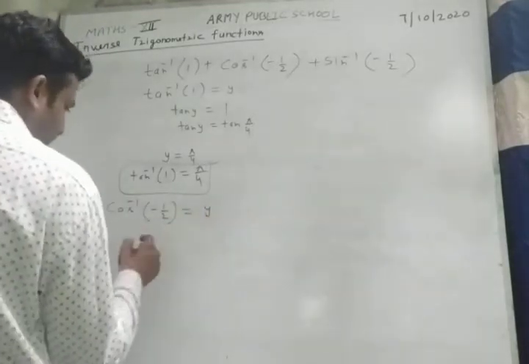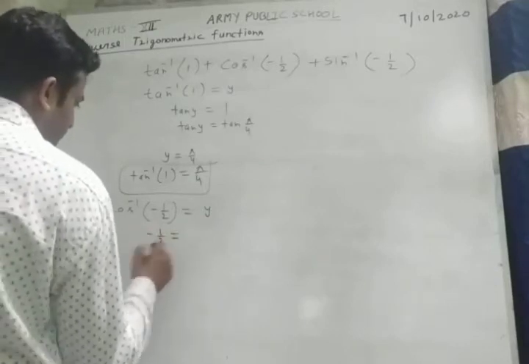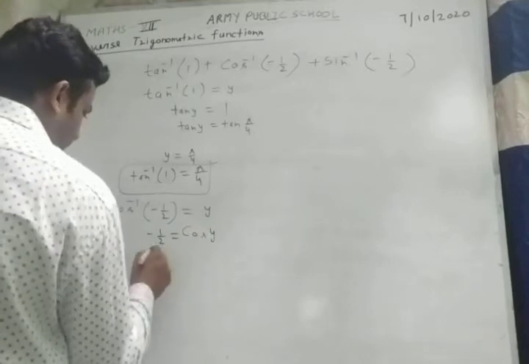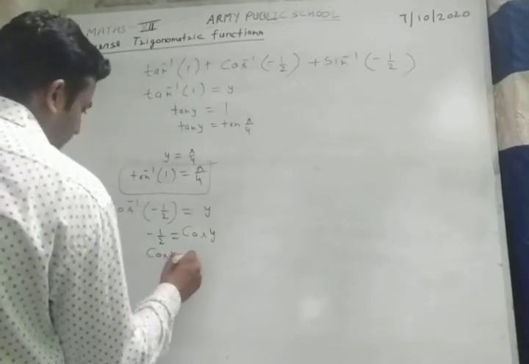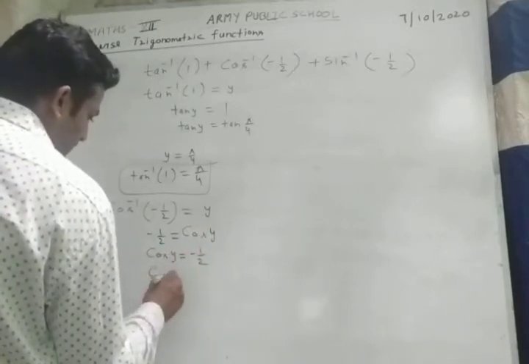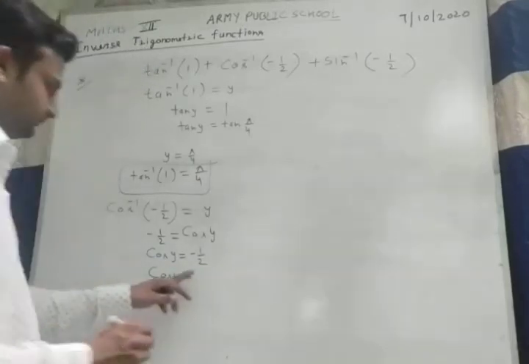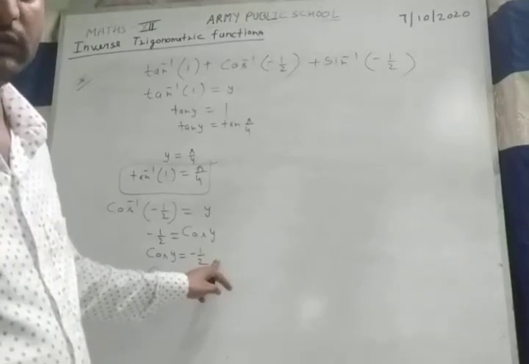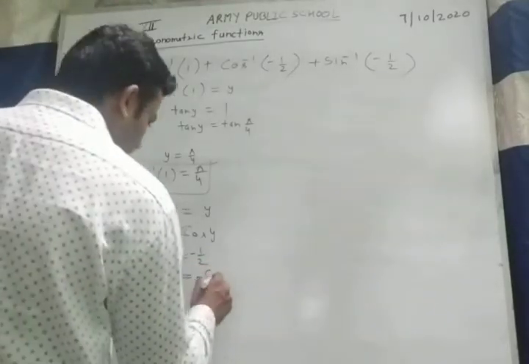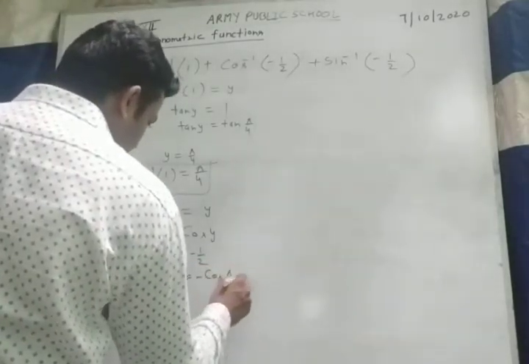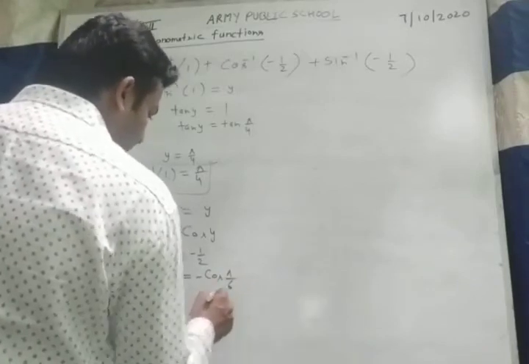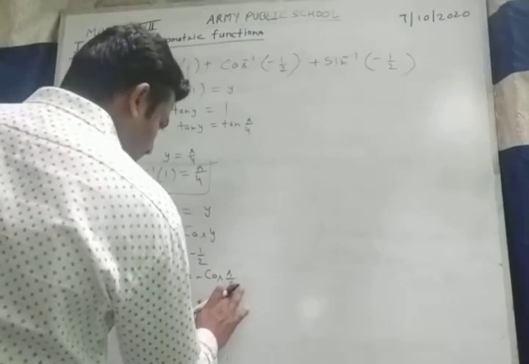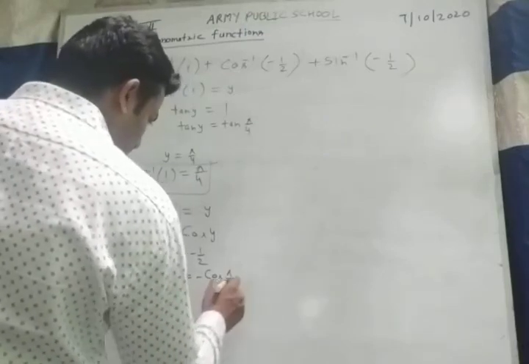So cos y is equal to minus 1 by 2. Cos y is equal to minus, this is the value of cos 60. Cos 60 is, sorry, pi by 3.